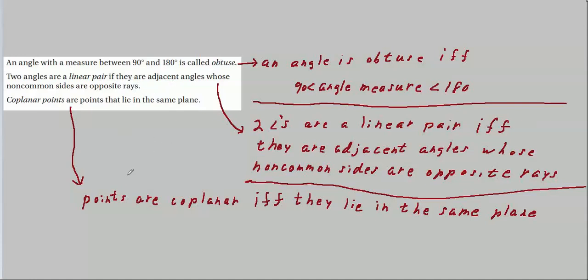Rewrite that as points are coplanar if and only if they lie in the same plane. See? It's pretty easy. The main thing to remember off of this is that all definitions can be written as biconditionals. All definitions are really if and only if statements.